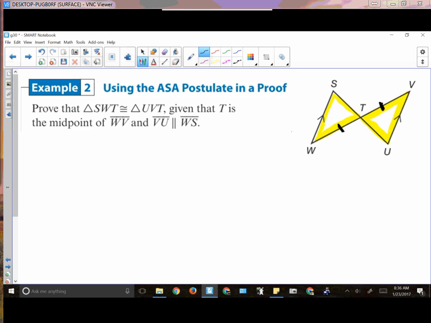If I knew what this angle here was and this angle here was, those would have to be congruent, right? Now, if I am supposed to use angle side angle, I've got my side, this is one of the angles, and I've got to get this angle here congruent to one of the angles up over here.